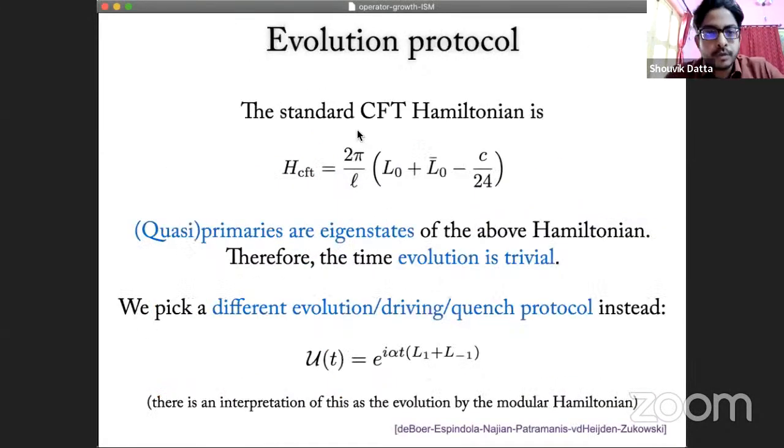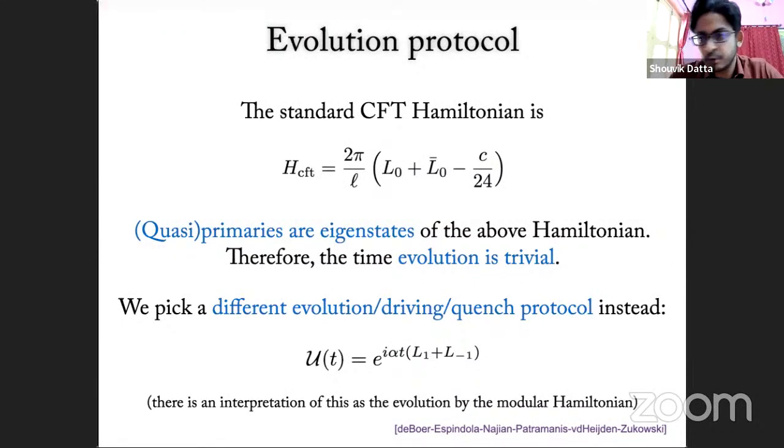The standard CFT Hamiltonian is given by the zero modes of the stress tensor, and it's given by this, so this is well known. However, primaries and quasi-primaries are eigenstates of this Hamiltonian, and therefore the time evolution is trivial. It just gives an overall phase.